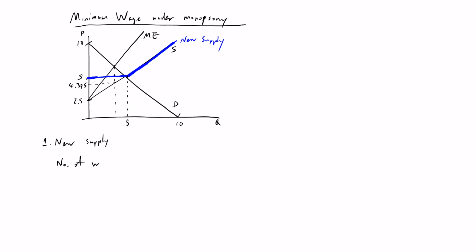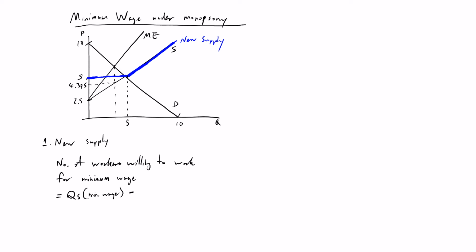First find the number of workers willing to work for minimum wage. That's given by the supply curve. That equals QS of the minimum wage.